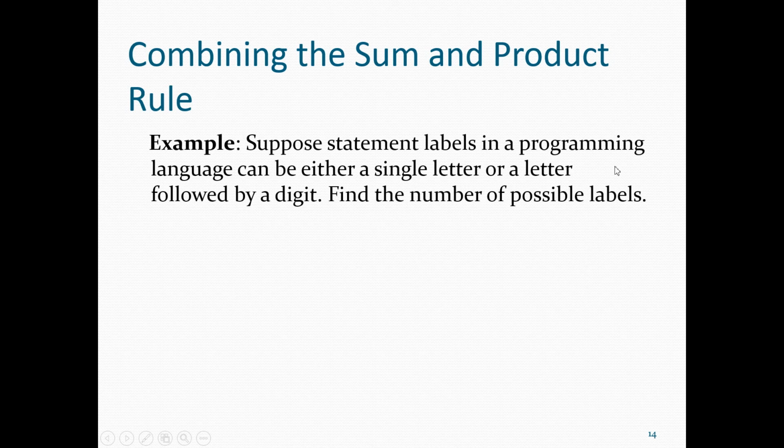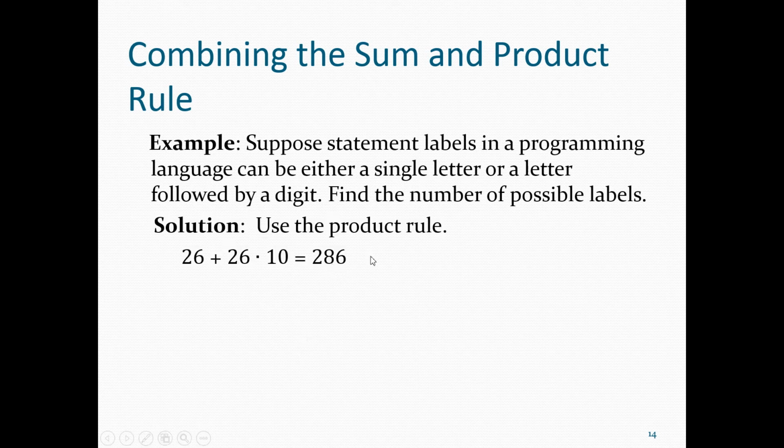A letter followed by a digit: the number of ways can be found by using the product rule. So 26 for a single letter, plus, this represents the OR, a letter followed by a digit. 26 letters and 10 digits, so 26 multiplied by 10 ways. Adding them both, we get 286 as the total number of labels.